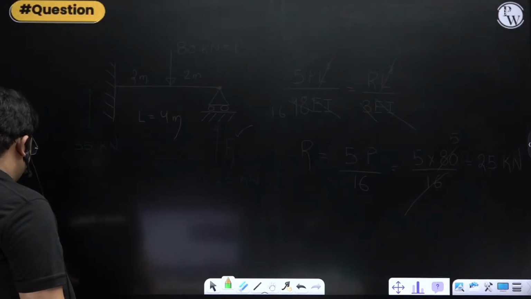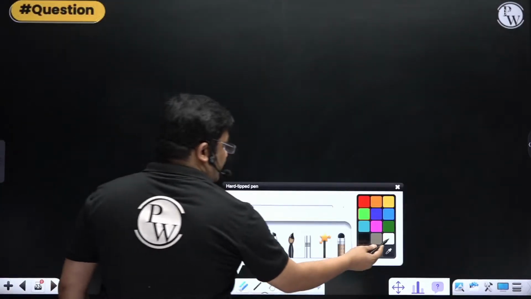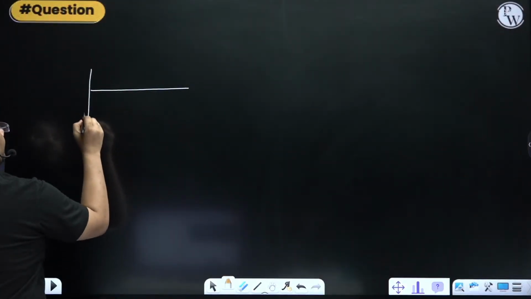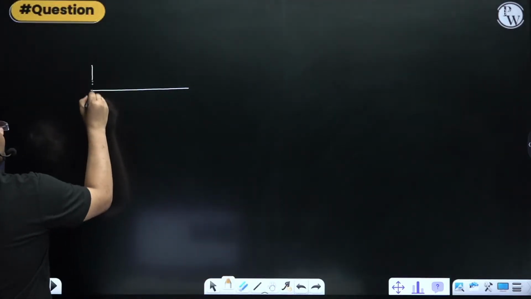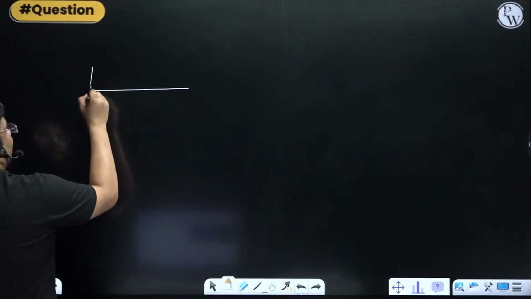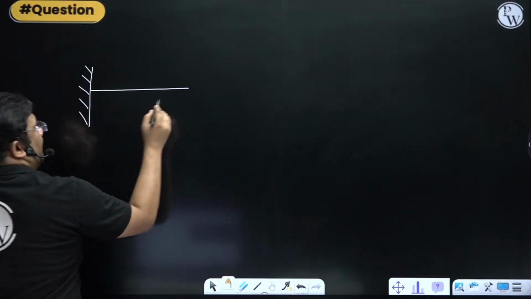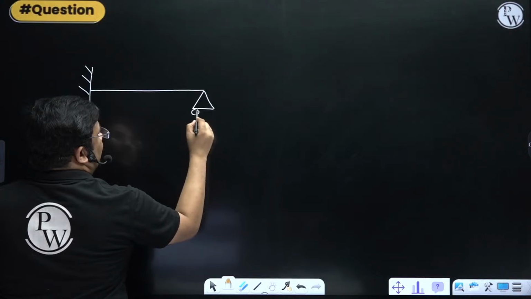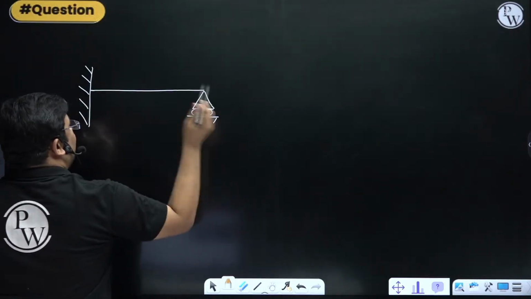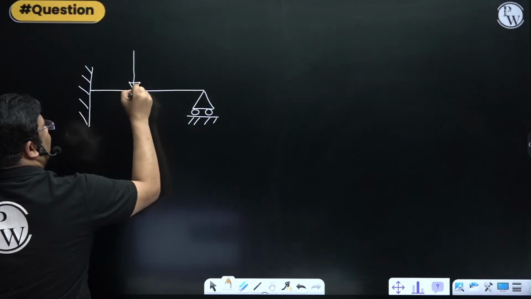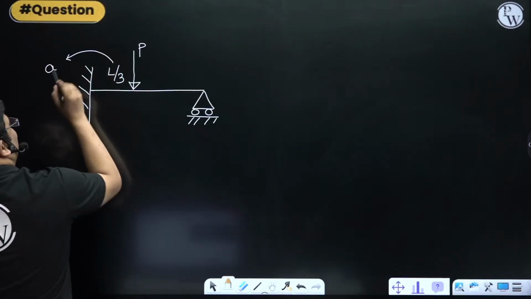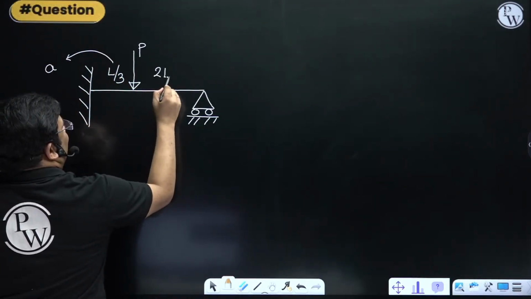Suppose we have a propped cantilever like this, but the load is not acting at the center, it is acting at L by 3. So here a becomes L by 3, and this will obviously be 2L by 3.